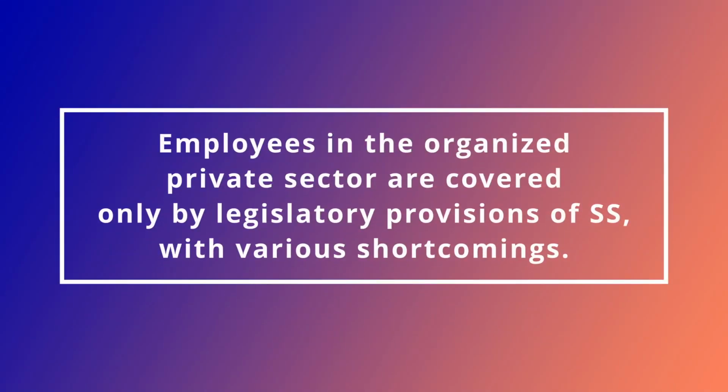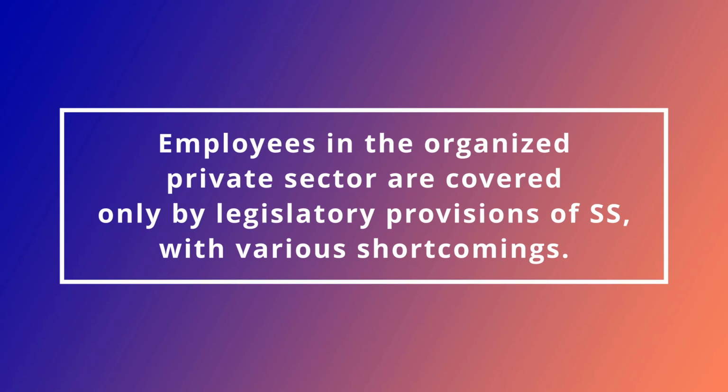And the employees in the organized private sectors, those who are licensed with the government, are covered with the legislative provision of social security, with different kinds of social security measures adopted. But since they are private sectors, all the policies have not been adequately implemented.